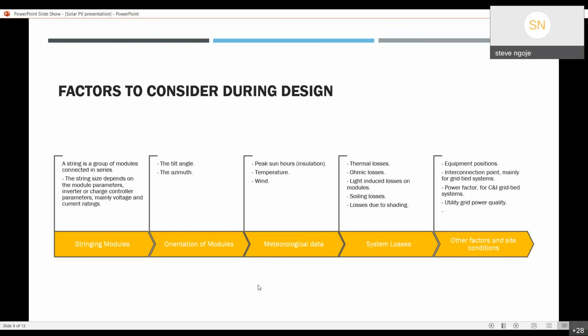So the better performing it will be. For example, modules that are ground mounted, the thermal loss factor is about 29. That is if you're doing it in PVSyst, the reason being that both sides of the module are open to wind flow. So back to wind flow, that free airflow means the module is able to cool faster.